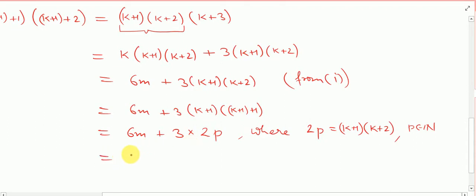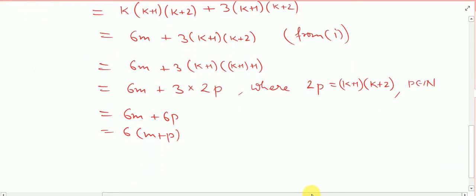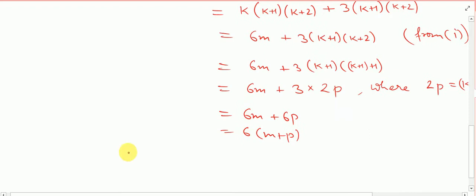So you get 6m plus 6p. Okay, so 6 is common, you got m plus p. So here what do you observe, that k plus 1 into k plus 2 plus the other term, you are getting a multiple of 6.